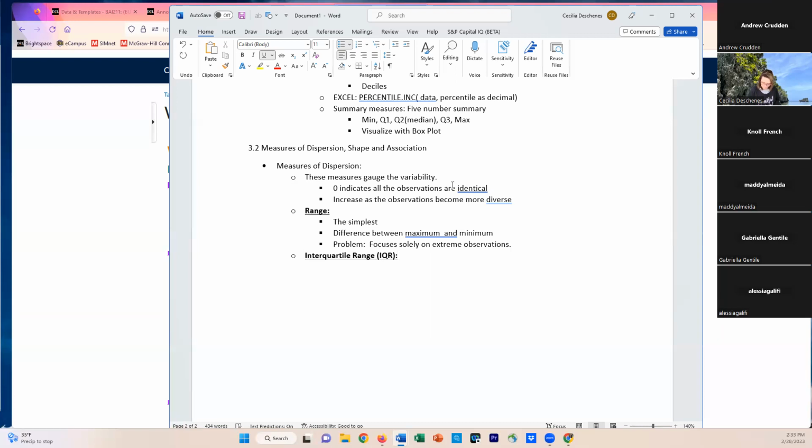Okay. So this is the difference between the third quartile and the first quartile.